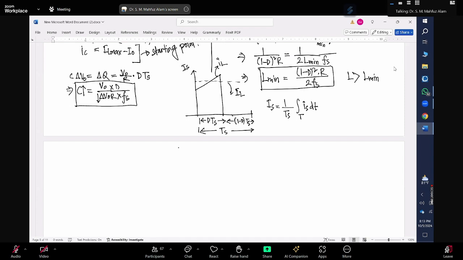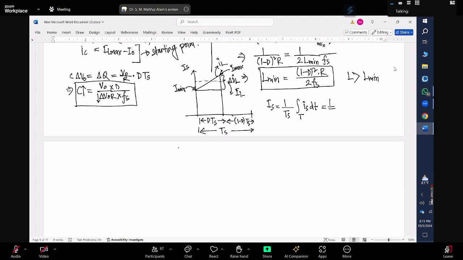So is dt means what? The area under the curve, right? Yes, sir. So what should be the area? Here we can divide this area into 2 parts. This point is my I max. And the total current difference is my del IL, right? Yes, sir.